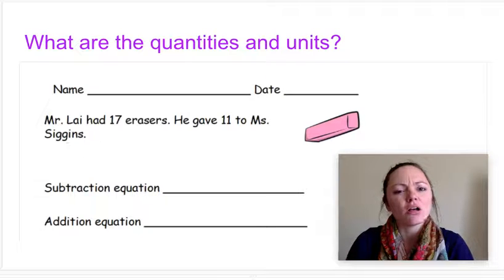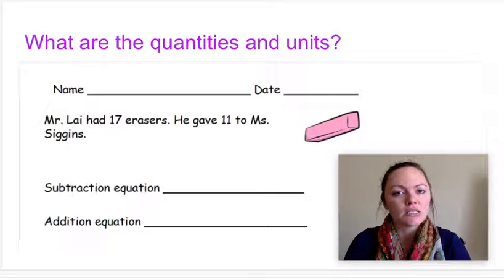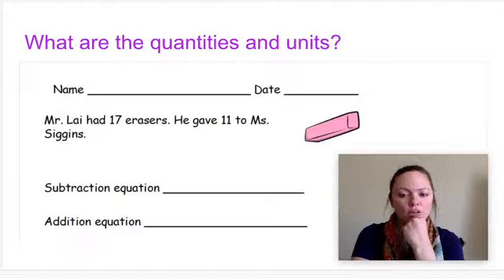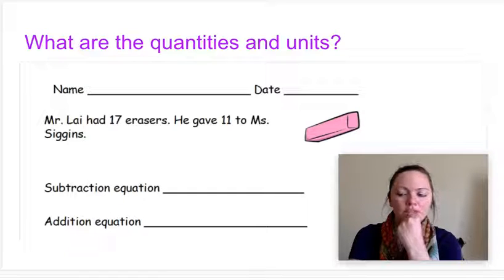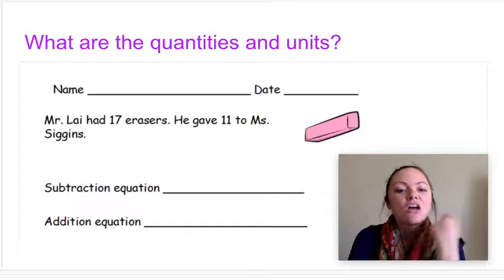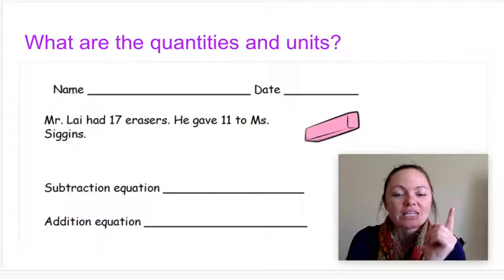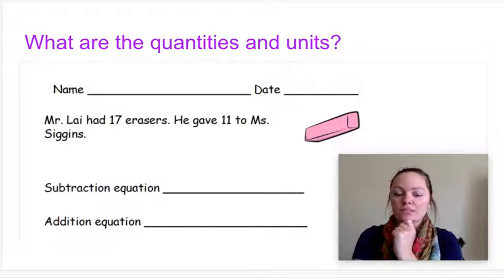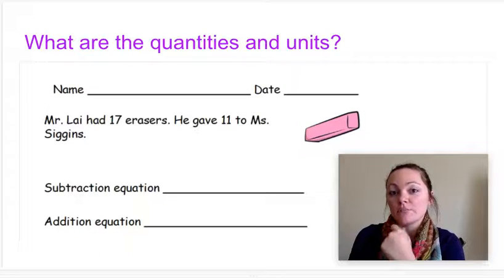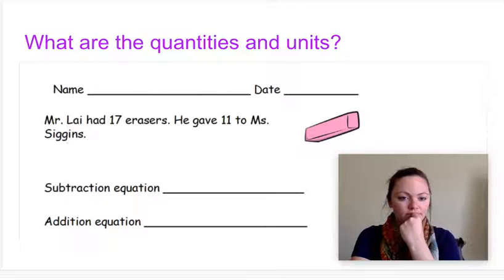What are the quantities and units? What are quantities? Quantities. That's like an amount. It's like a number. Quantities are the numbers that we see in this word problem, this math story. What do you see? What numbers? Oh, okay.